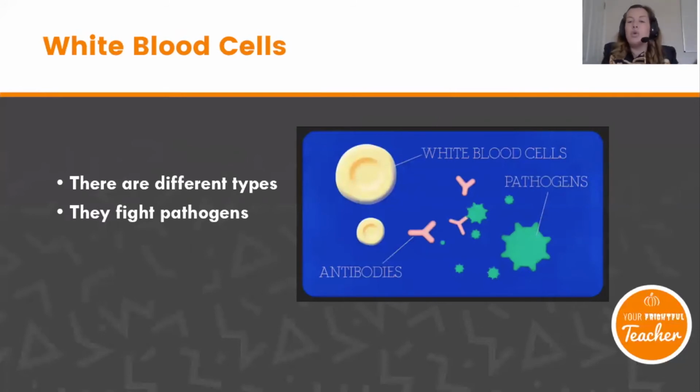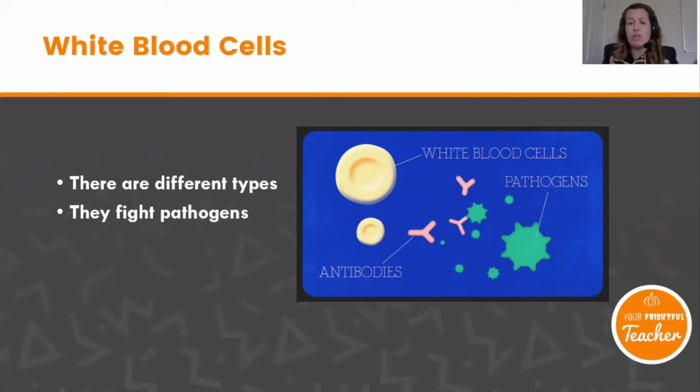You then have your white blood cells. So I'm not going to talk too much about white blood cells. They're quite a big topic by themselves. And if you've done some study on your immune system already, you might know a bit about white blood cells. If not, when you come on to that, you'll learn a bit more then.